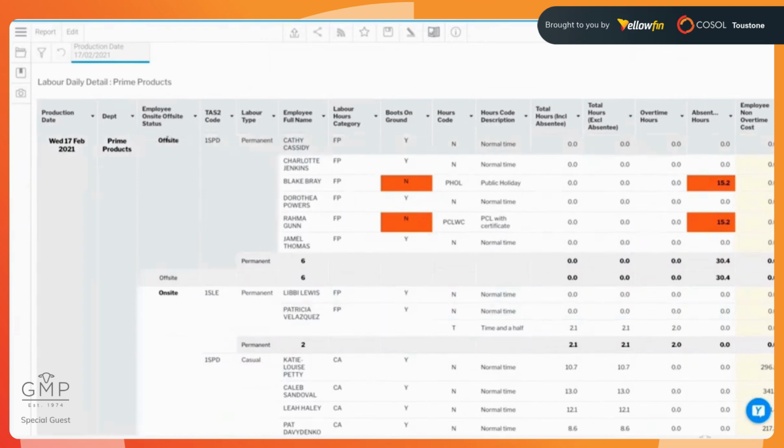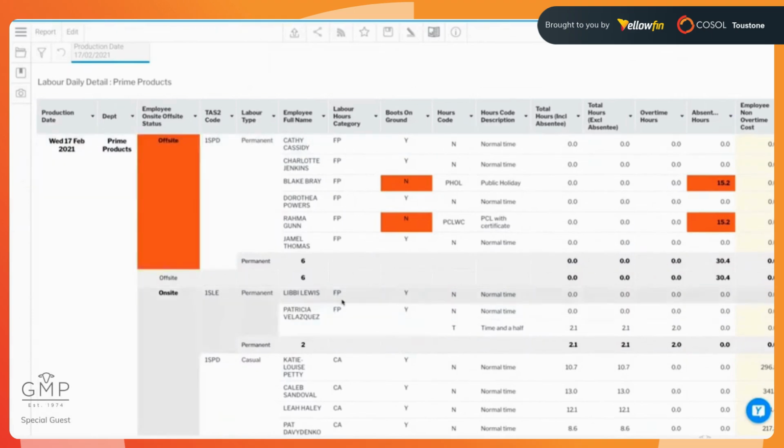These off-site employees, if you like, are those that are deemed to be absent. So absenteeism, as I said, is a key driver of efficiency or inefficiency in the industry. So being able to understand, is there a consistent employee or particular category or particular days that are driving absenteeism, and being able to then manage that accordingly.